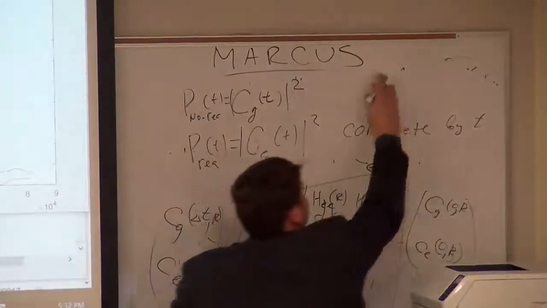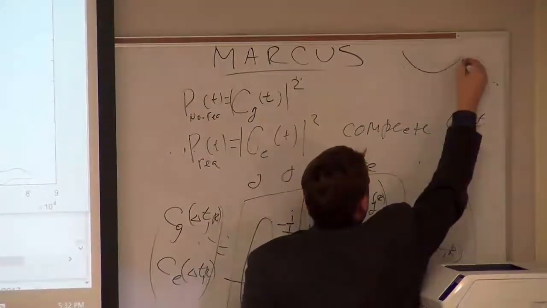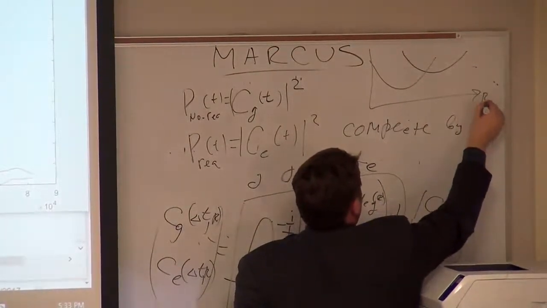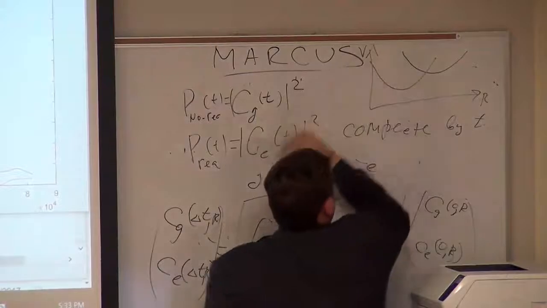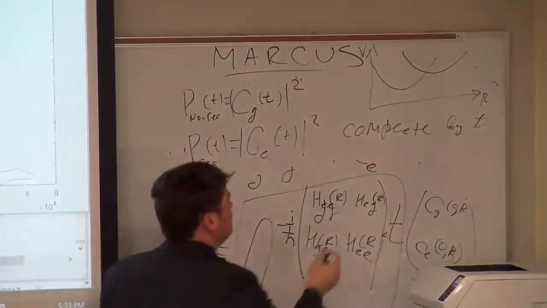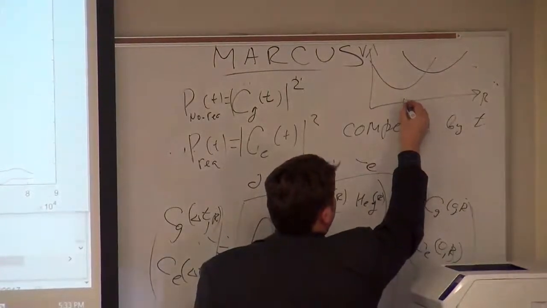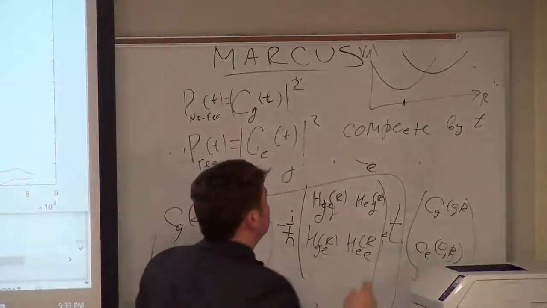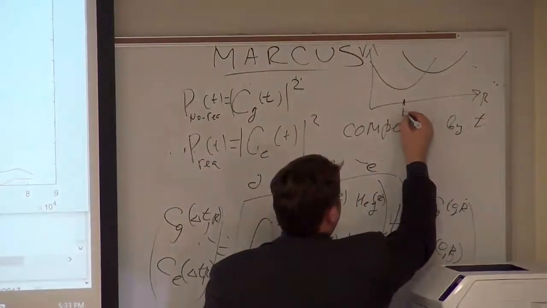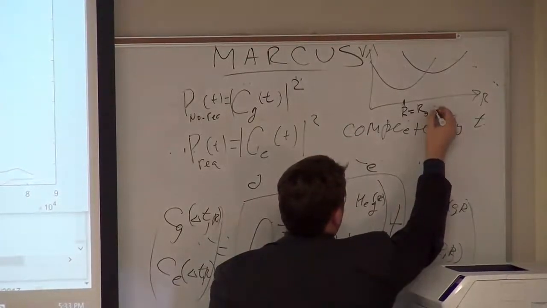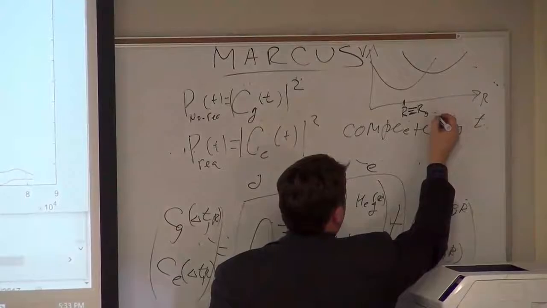So remember this picture we started from. R potential. Right now, before this mind-blowing step, we have fixed R equal to R ground equilibrium as a constant.